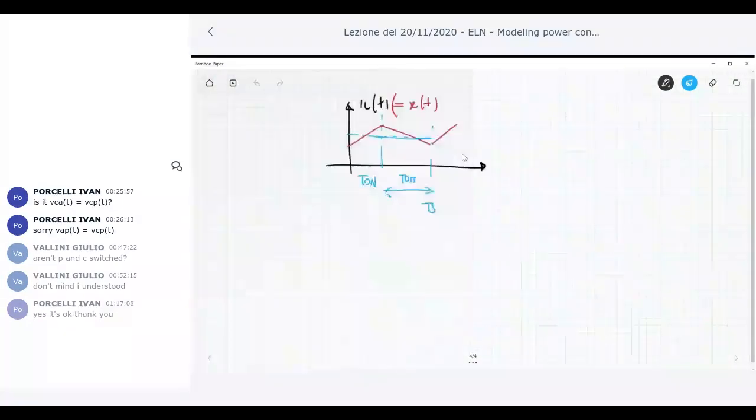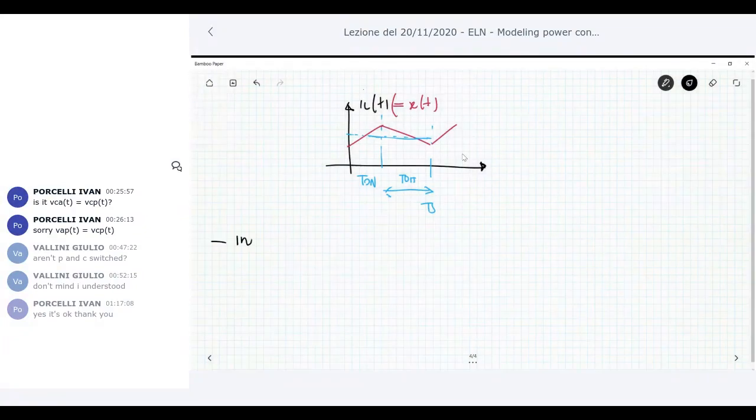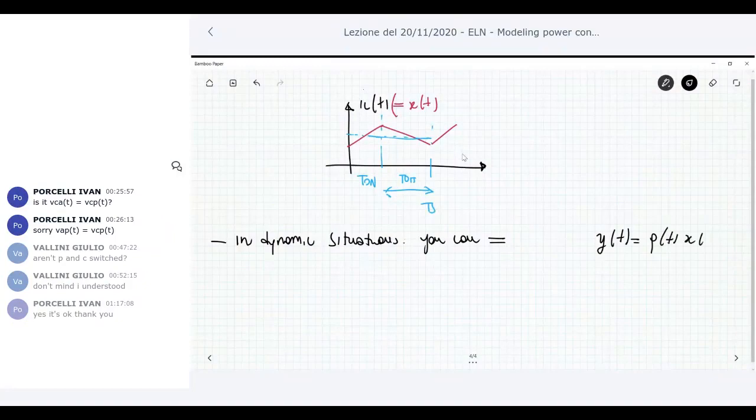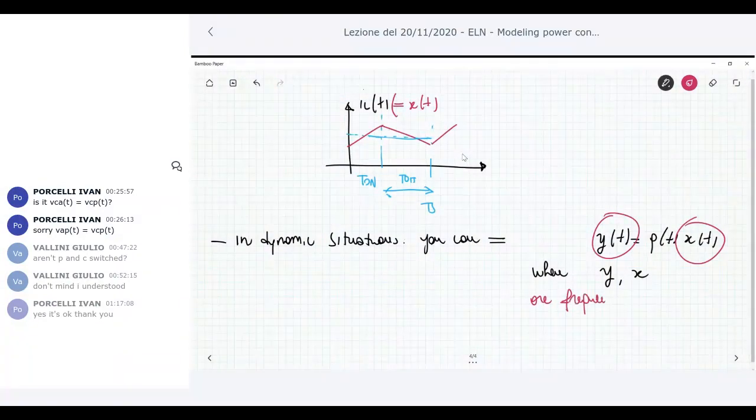The other situation is that, in a dynamic situation, you can put the equal sign in that expression, let me write our generic expression, when y and x, these two variables, are frequency separated.